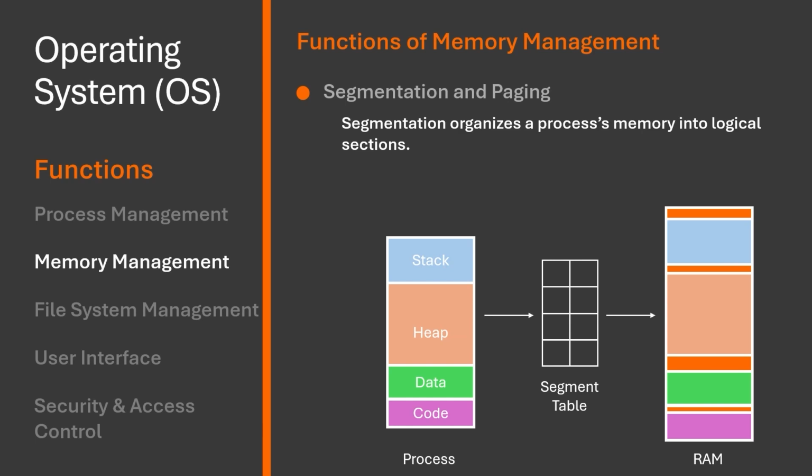This matches the way programs are structured, making memory allocation more intuitive for programmers. And the link between the logical and physical address is maintained by the segment table, which tracks the range of addresses. However, segmentation can lead to external fragmentation over time, where free memory becomes scattered, making efficient allocation more difficult.